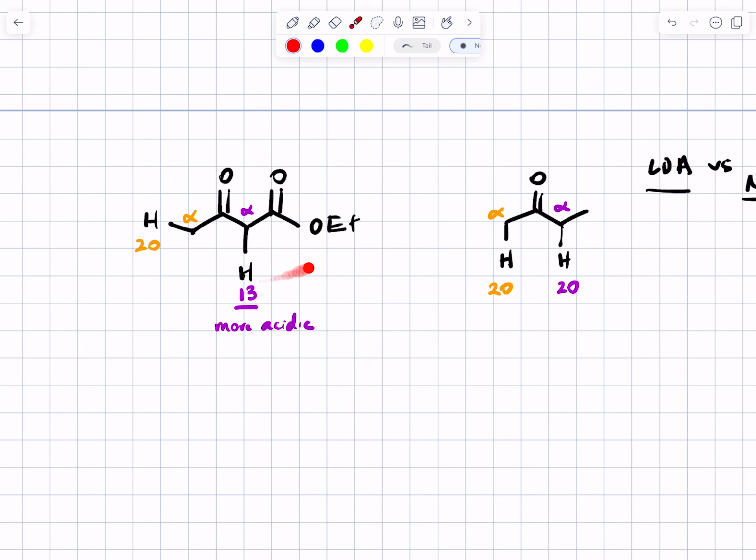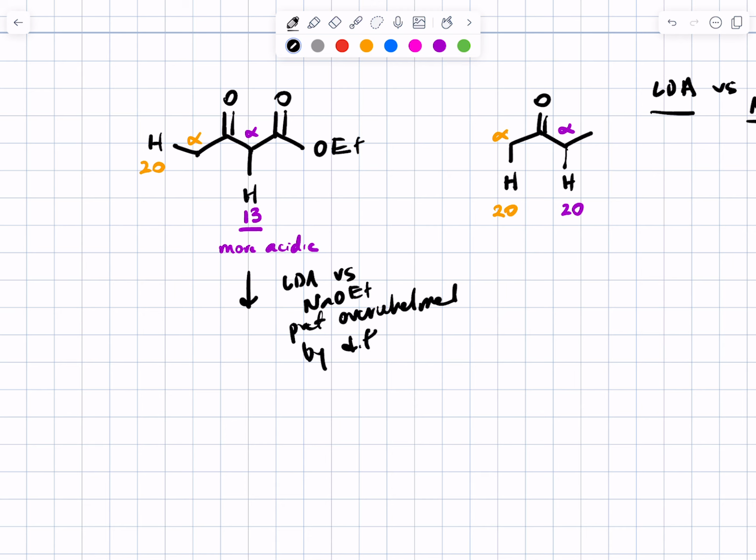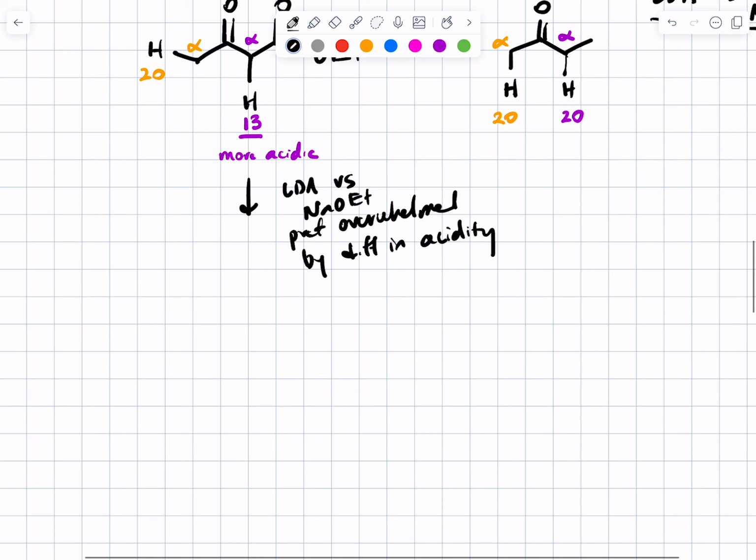So even if you were using LDA here, because of the massive difference in acidity, the LDA versus sodium ethoxide preferences are overwhelmed by the difference in acidity, and the most acidic proton is the one that is removed. So even using LDA as a base, you're still going to get that one.